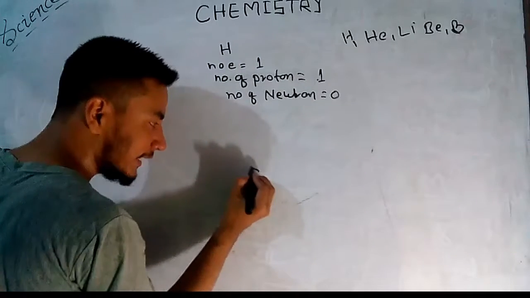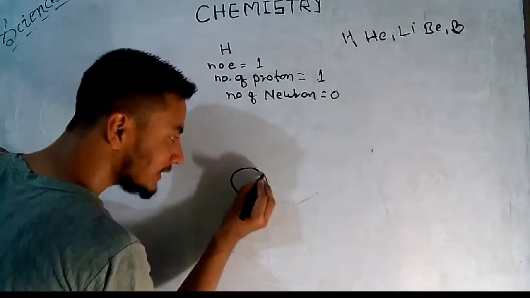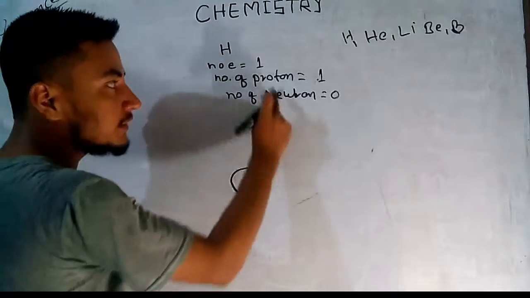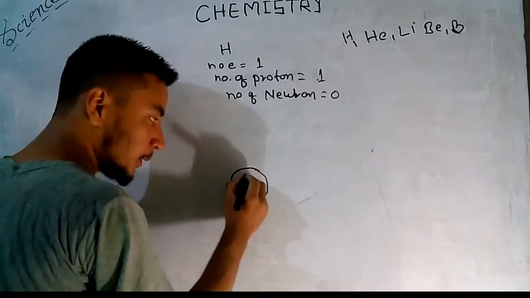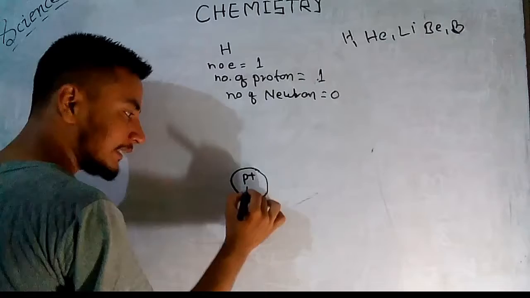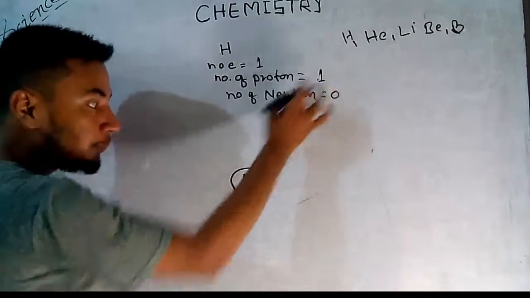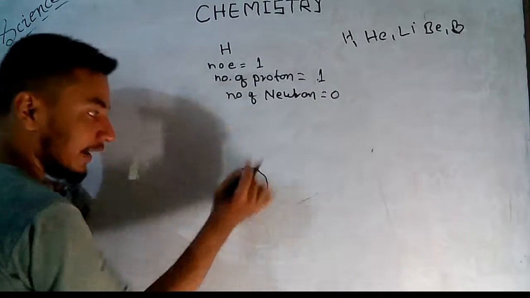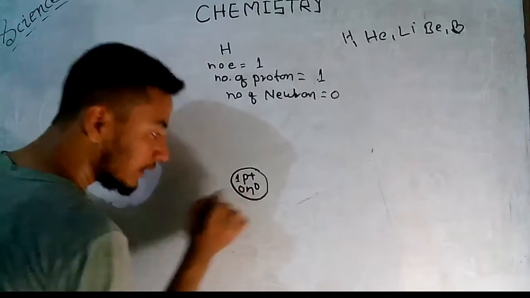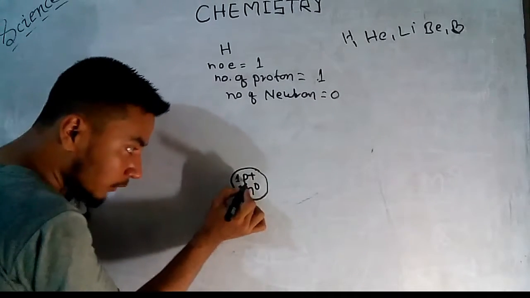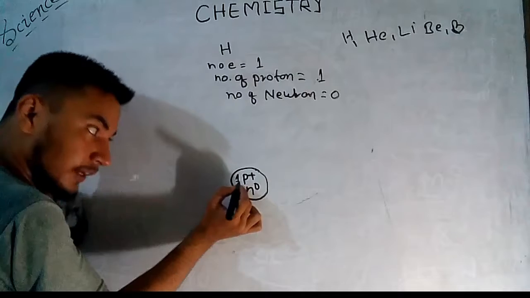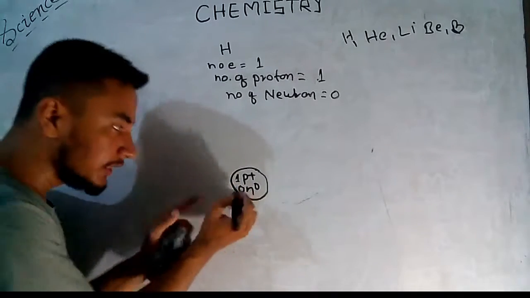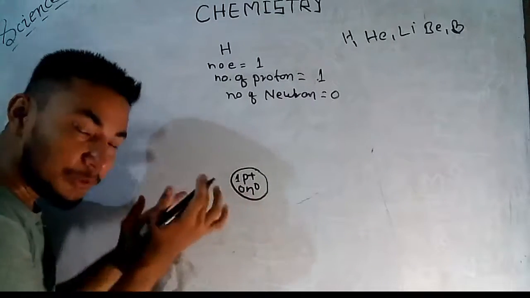So first is the nucleus. Inside the nucleus there are protons, that is P plus, and neutrons, that is N naught, no charge. So how many protons here? 1. And how many neutrons? 0 here. Before writing this P plus, we have to write how many protons and how many neutrons.